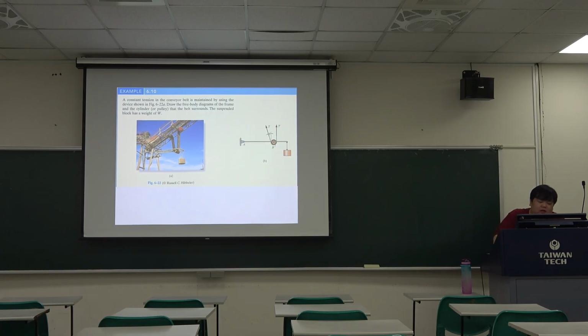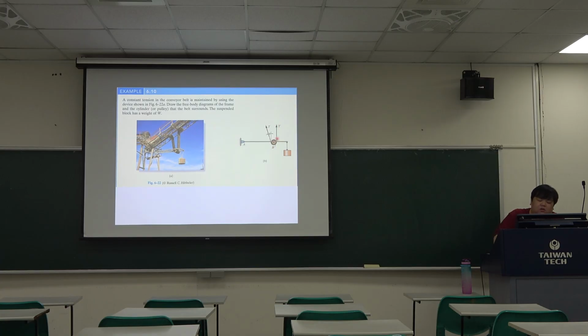Like this figure, this is the pin hinge or pin support, and we have one pin like this part, and we have a cylinder, or we call it a pulley. Then this pulley is connected to one swing.